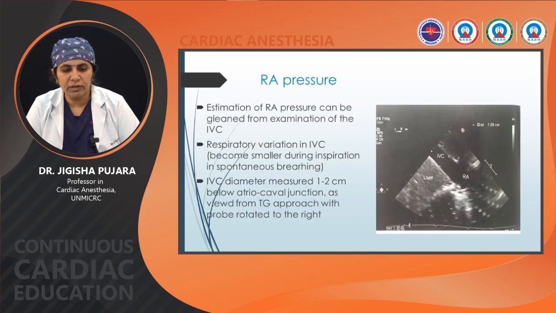RA pressure. An estimate of the RA pressure can be gleaned from examination of the IVC. Respiratory variation in the IVC becomes smaller during inspiration in the spontaneously breathing patient. IVC diameter is measured 1 to 2 cm below the atrial cavo junction as viewed from the transgastric approach with the probe rotated towards the right.